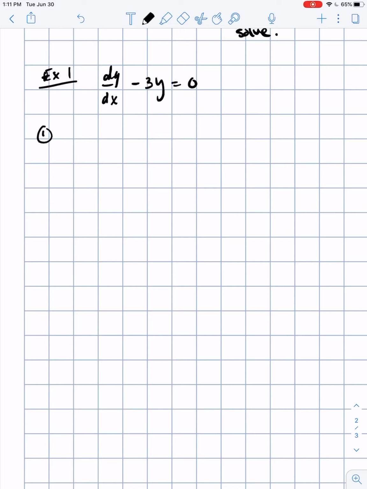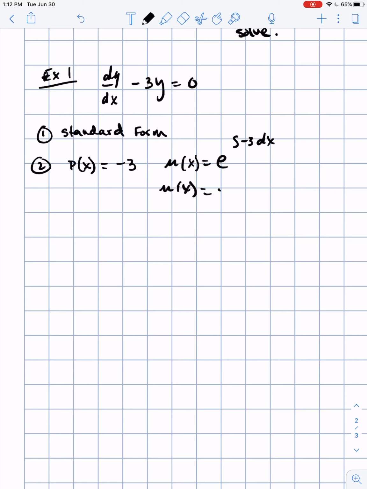So first, is it in standard form? It is in standard form already. Second, what is p of x? That's negative 3. So my mu of x is going to be e to the integral of negative 3 dx. Mu equals e to the negative 3x. Don't worry about the plus c.